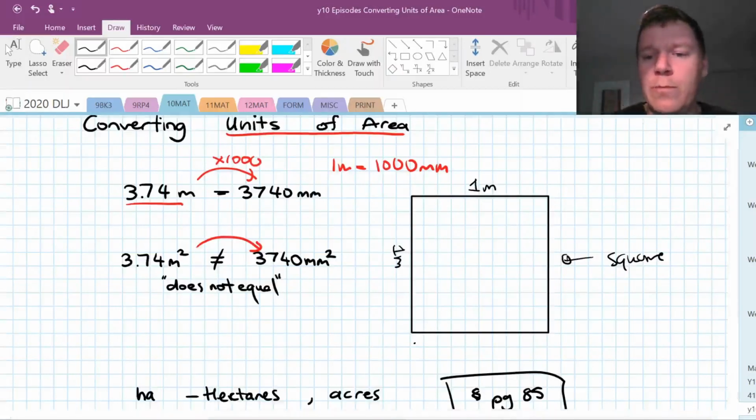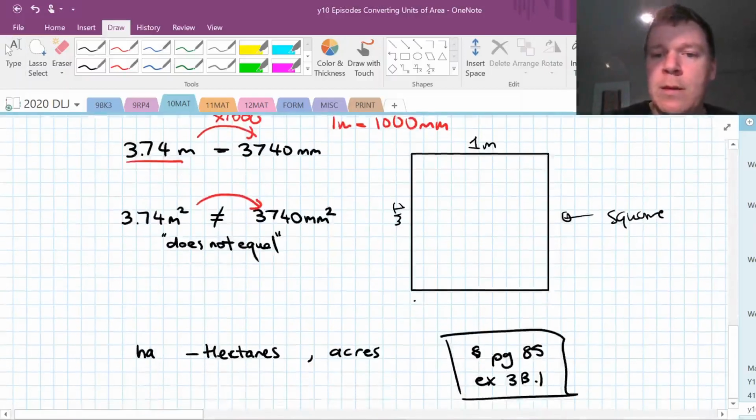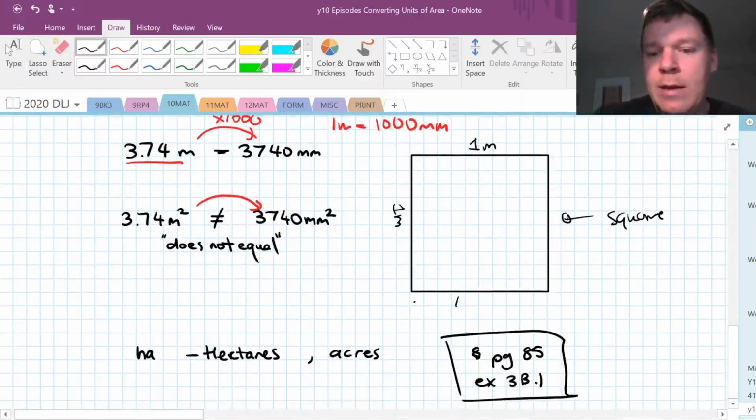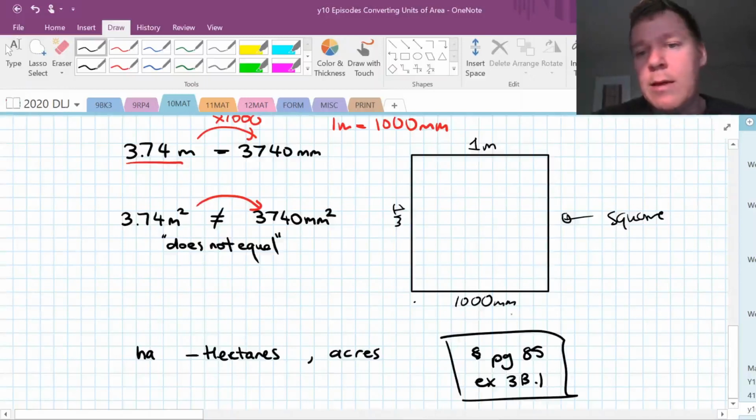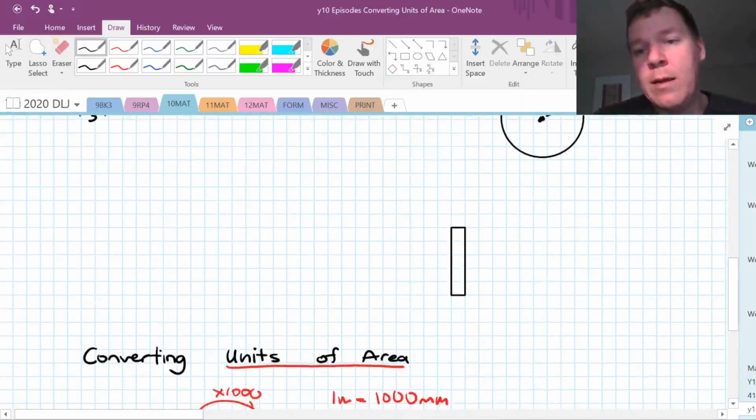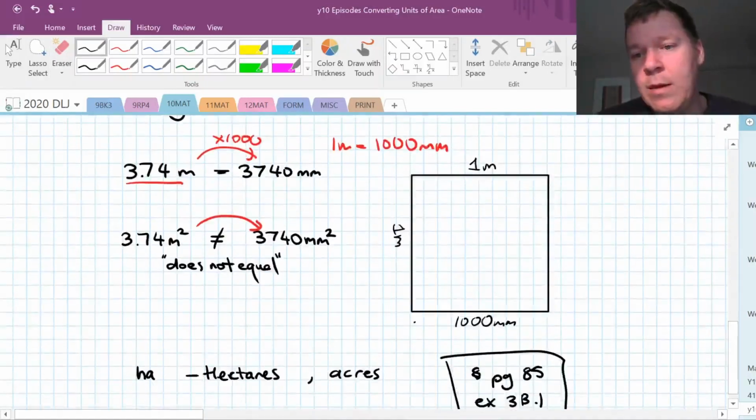But also, it is 1,000 millimeters that way, and it is 1,000 millimeters that way.